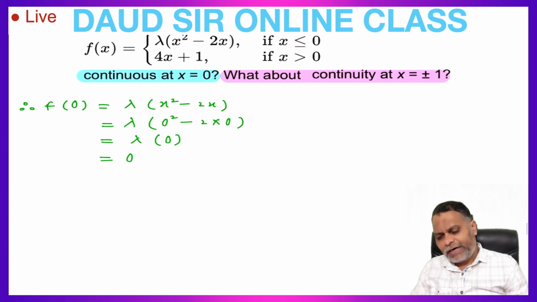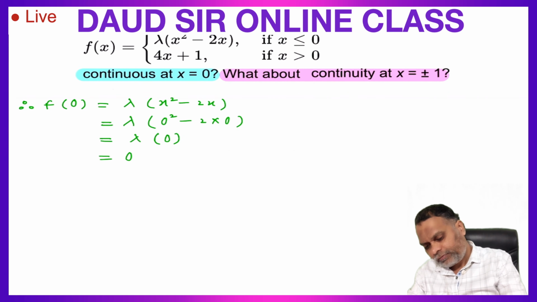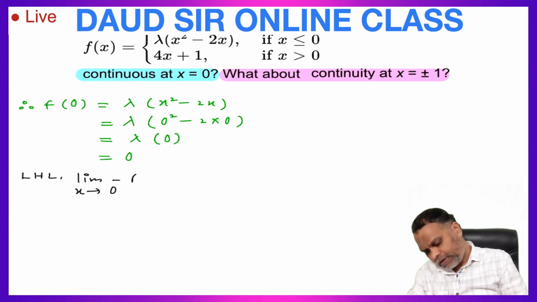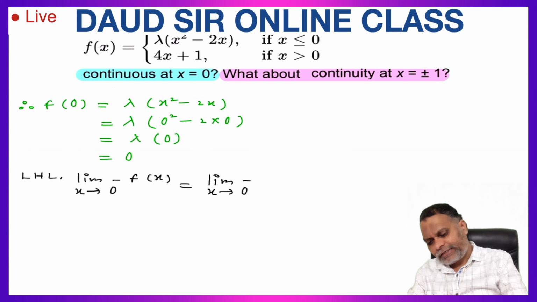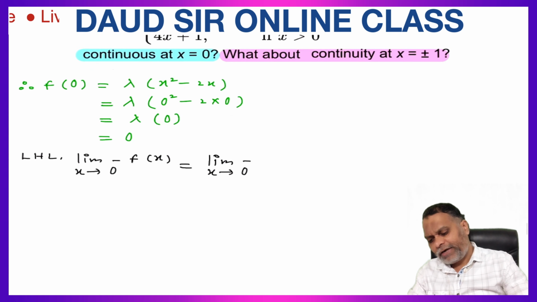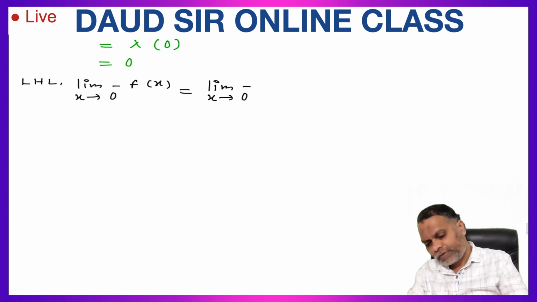Now the left hand limit and right hand limit. Left hand limit: limit x tends to 0 minus f of x is equal to limit x tends to 0 minus, where x is less than 0. So take this function, lambda into x square minus 2x.